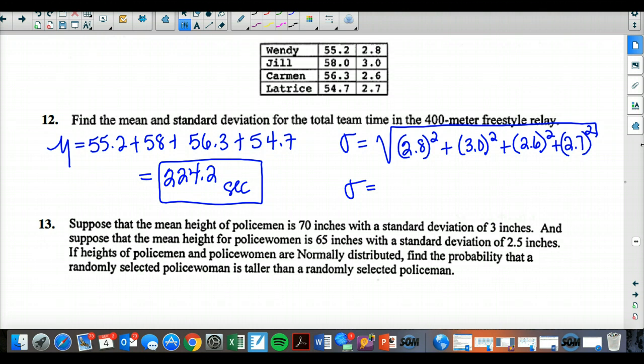And I have that the standard deviation is 5.558. Why is it higher than each individual person? Because it's combined. When you combine more variables, you expect more variability. So we expect it to go up.